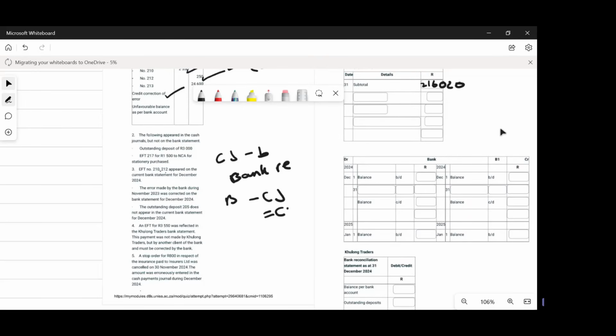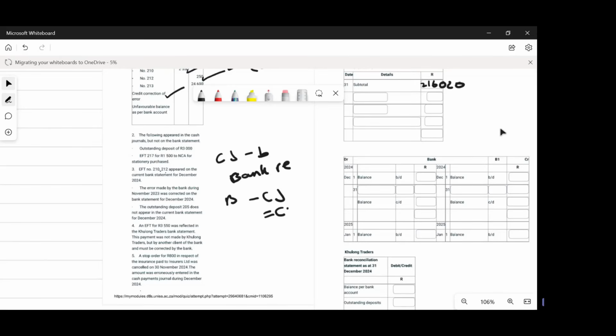Then we proceed, and it says an EFT for 3,550 was reflected in the Kulong Traders bank statement. This payment was not made by Kulong Traders, but by another client of the bank and must be corrected by the bank.